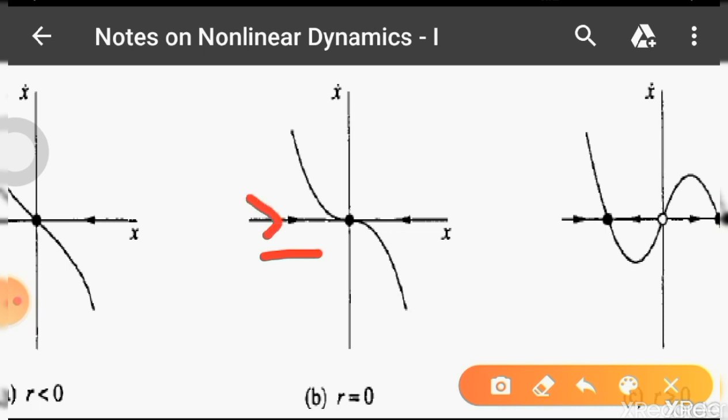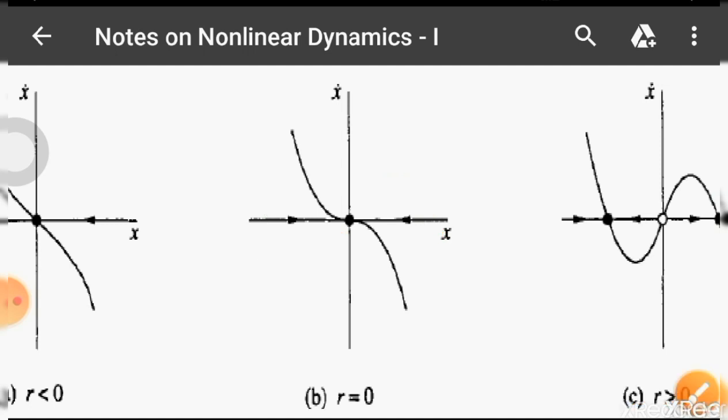And in this part, on the positive x axis, x dot is less than 0, therefore the flow will be towards the left, as shown by the arrow here. So from both sides, the flow is coming towards the fixed point at x equals 0. Therefore this should obviously be a stable fixed point.